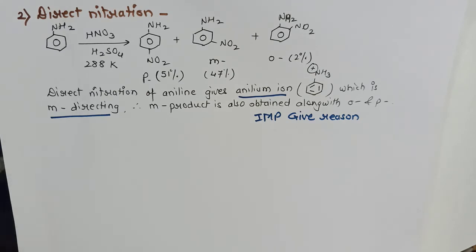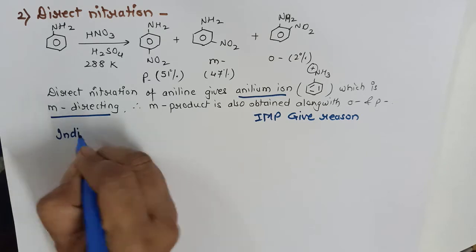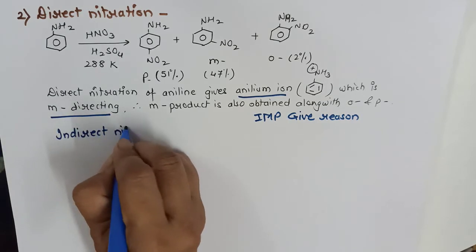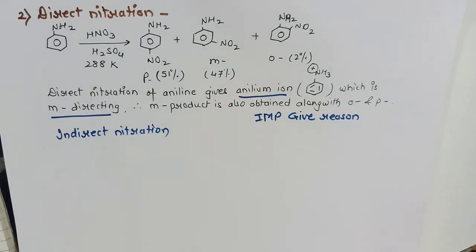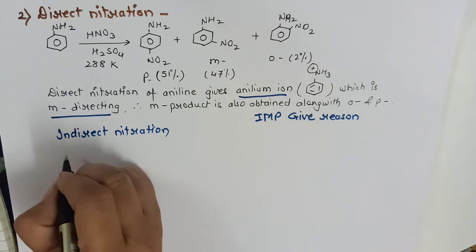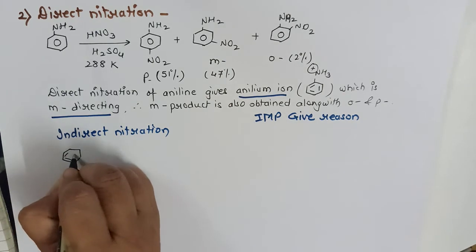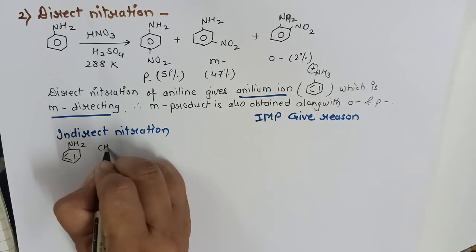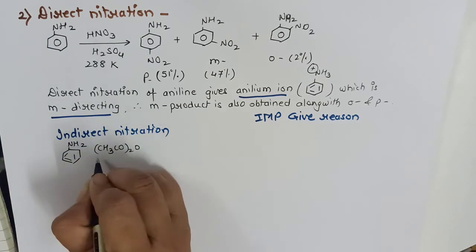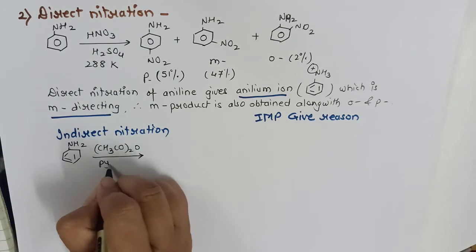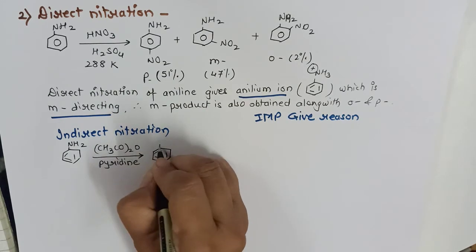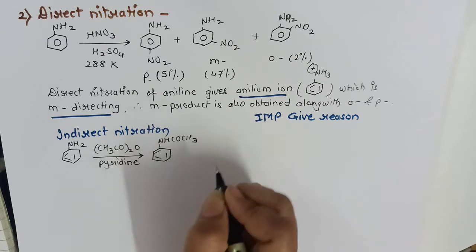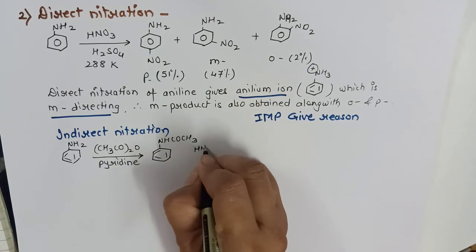While carrying out nitration, now let us see how do we carry out indirect nitration. It will be the same as we have carried out indirect halogenation. So first of all, masking of NH2 group by using acetic anhydride in presence of pyridine. So we get acetanilide, and this acetanilide now will be treated with nitrating mixture.